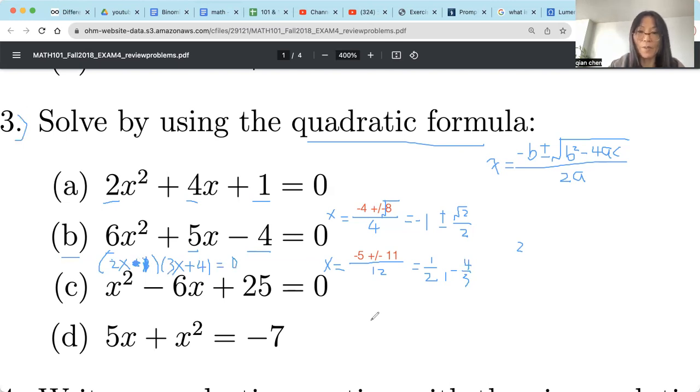So rational solutions mean the equation can be put in a factored form.